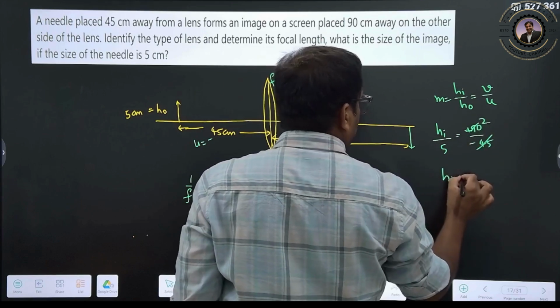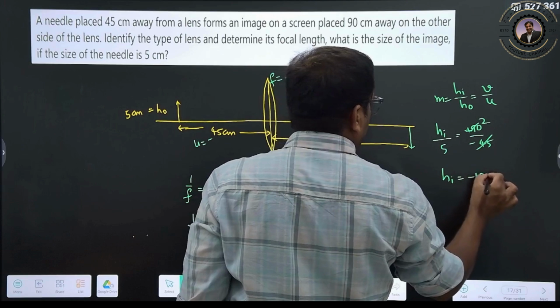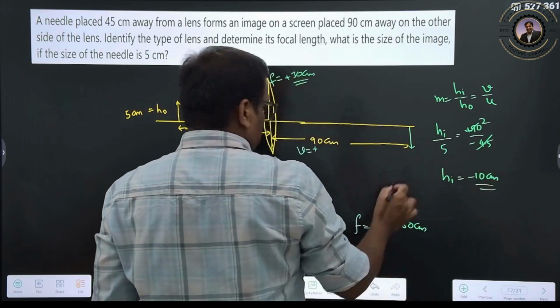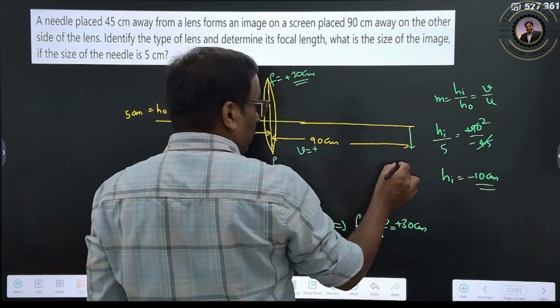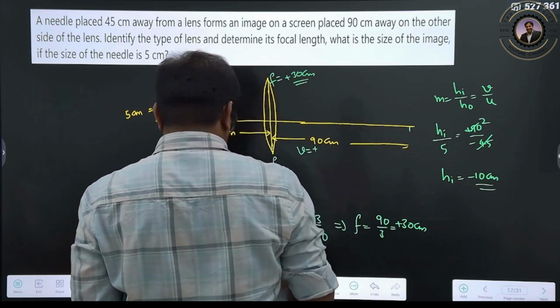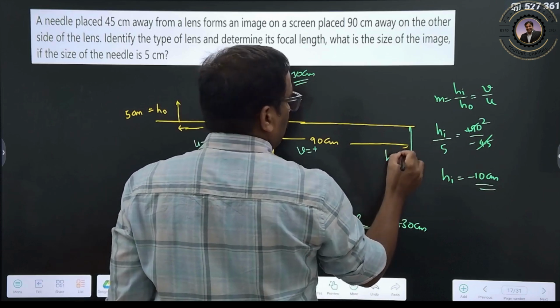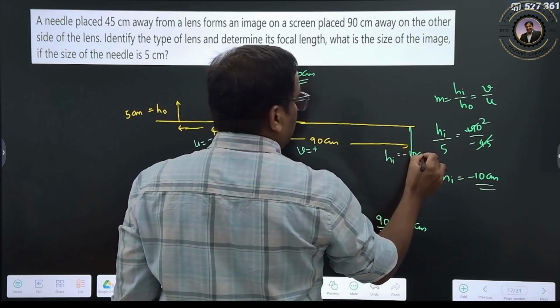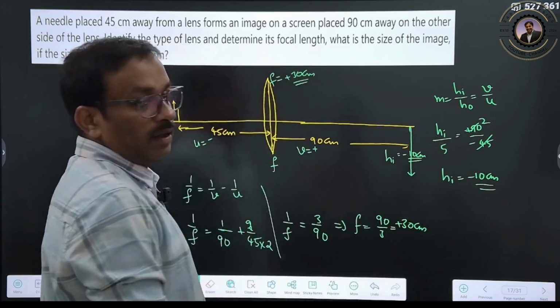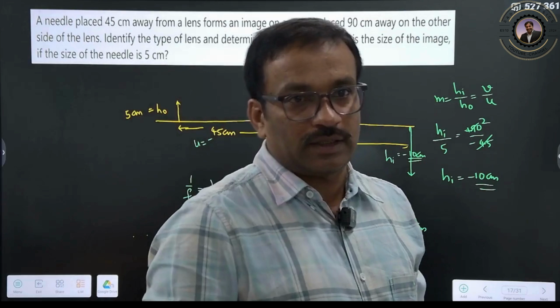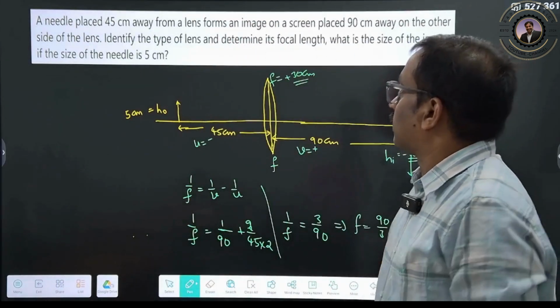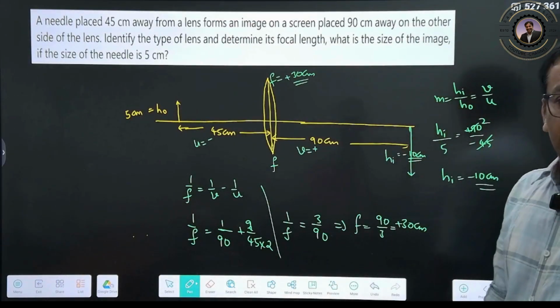Height of the image is therefore minus 10 centimeter, so this will be your image. Clear? So it is a convex lens. Understood?